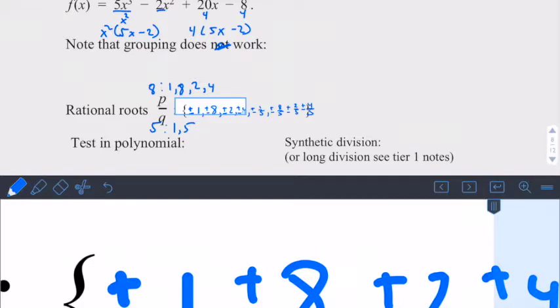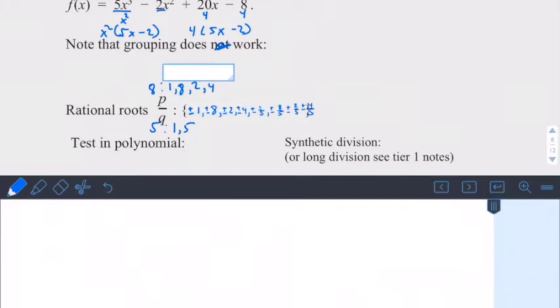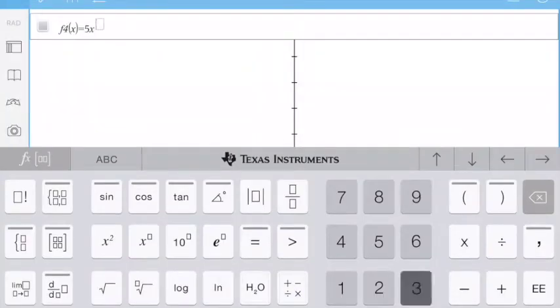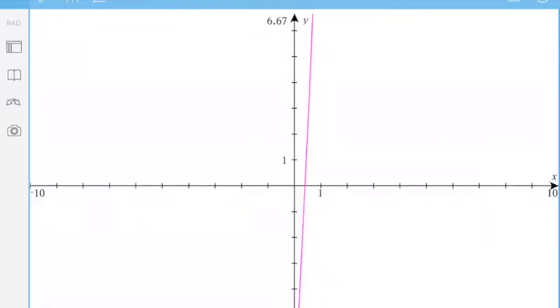Now, I don't want to sit here and plug in 16 different possibilities to figure it out. So what I'm going to do is I'm going to use my calculator to graph this function to find the root. So here's a root right here. It's between 0 and 1, and that's going to be one of our factors.